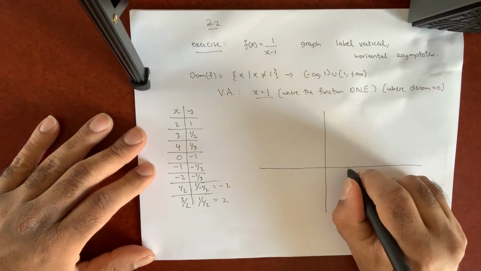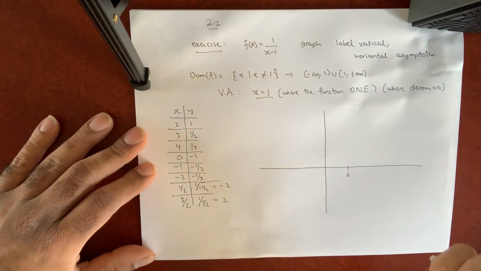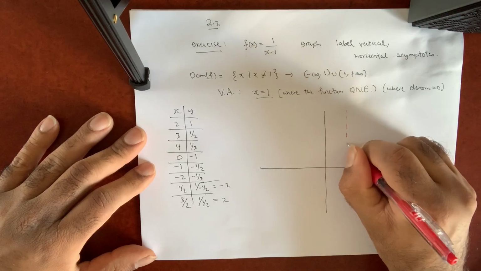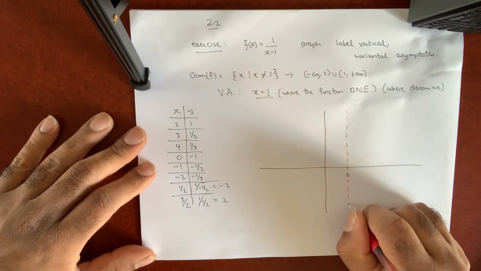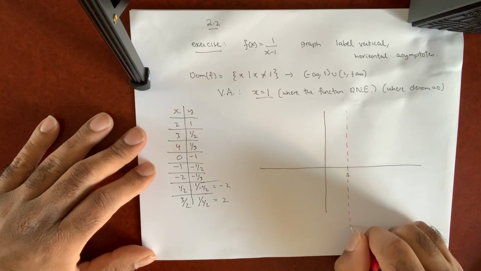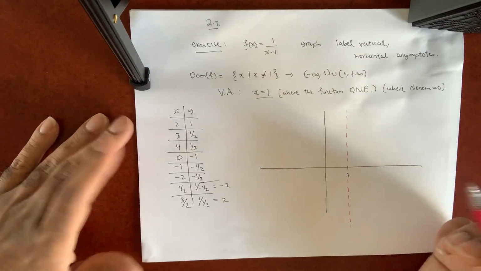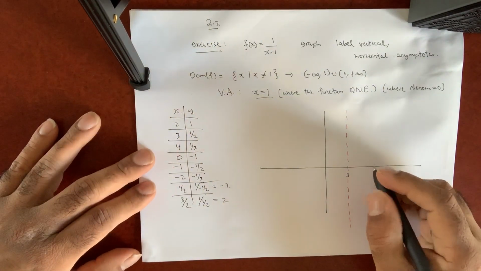And I'm just going to go ahead and draw my vertical asymptote, with a different color here. This is the place where the denominator is 0, what we remove from the domain. Let's plot these points.